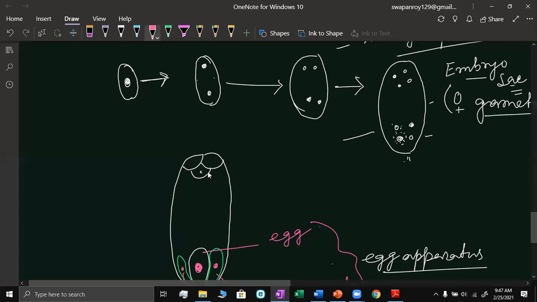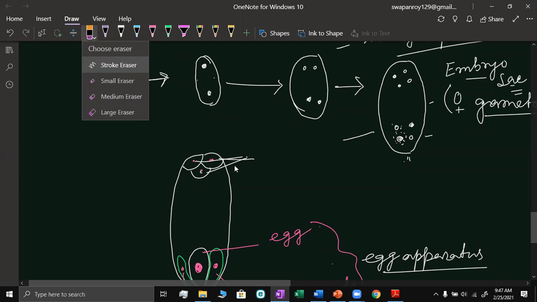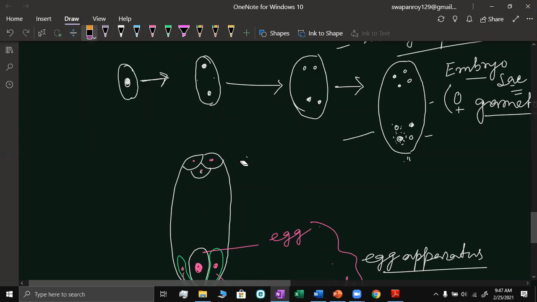This group of 3 cells is called antipodal.